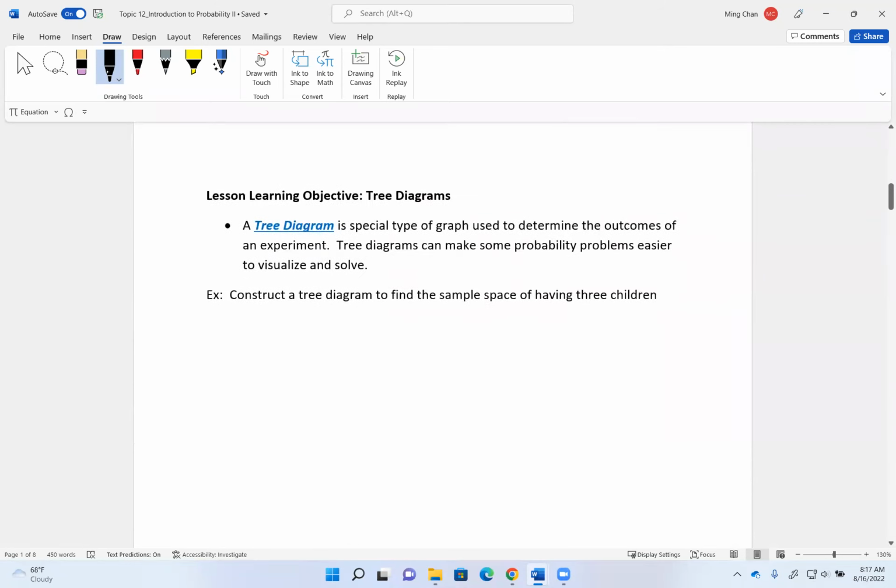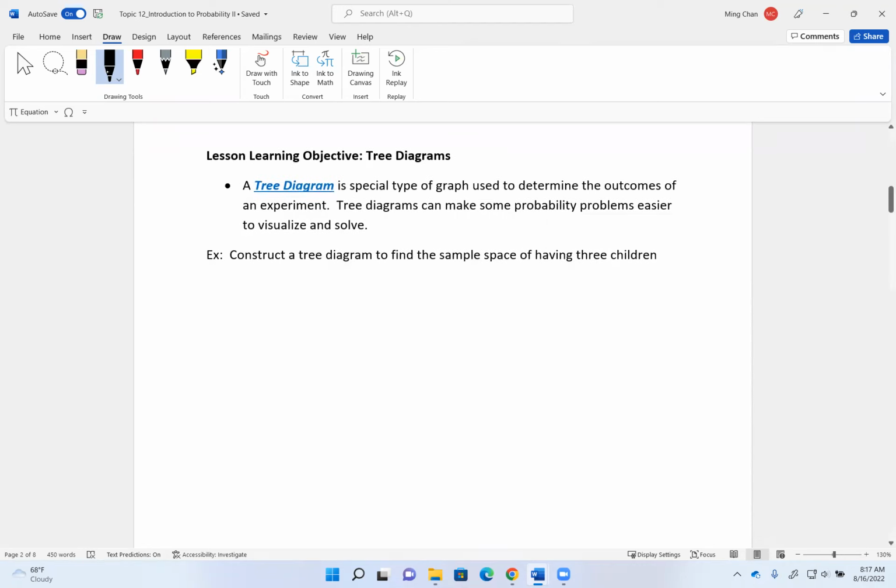Another thing I want to show you is something called a tree diagram. The tree diagram is a very special type of graph that can determine the outcome of an experiment. It can be drawn for smaller types of experiments or events. If you run into a problem with a lot of outcomes, then a tree diagram is not that practical.